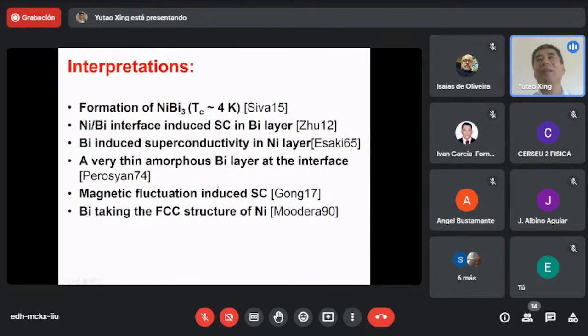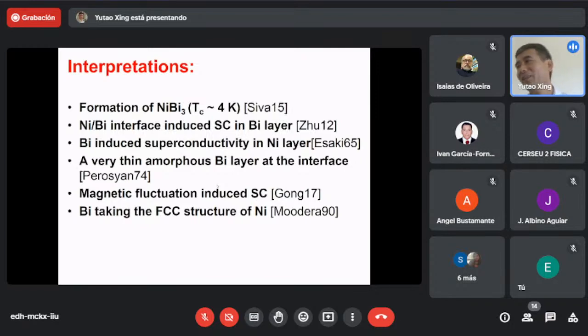And then there are many interpretations. For example, it was concluded that maybe it's the formation of the nickel-bismuth 3 intermetallic compound. Others said the nickel-bismuth interface induced the superconductivity in the bismuth layer.